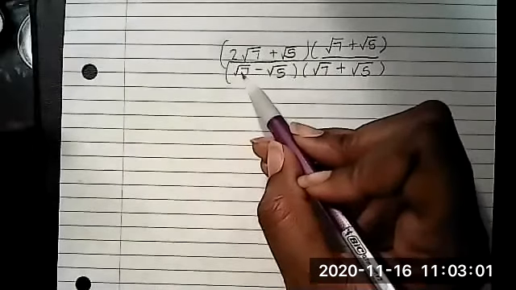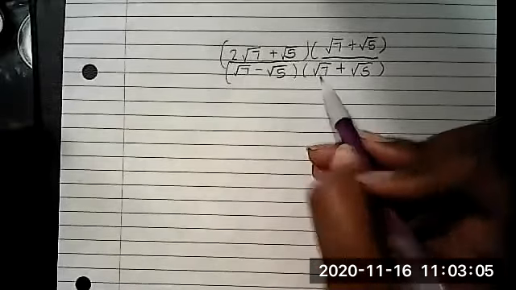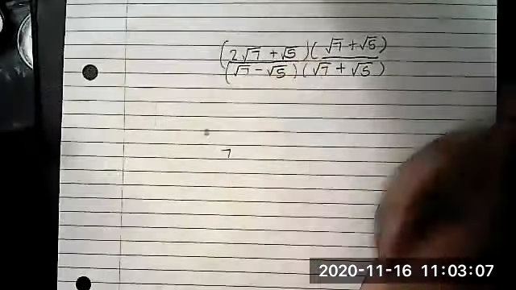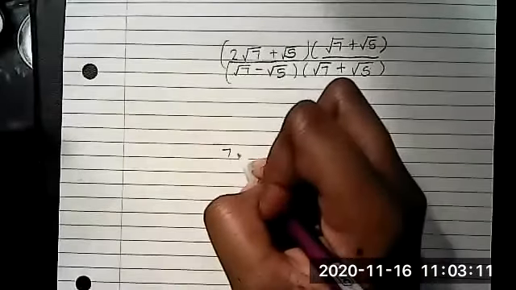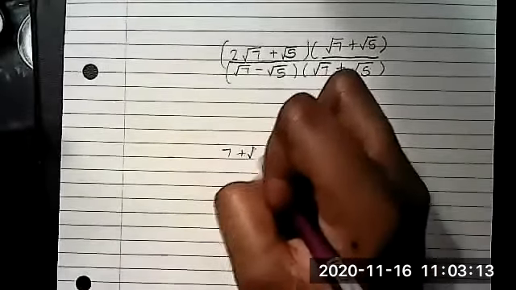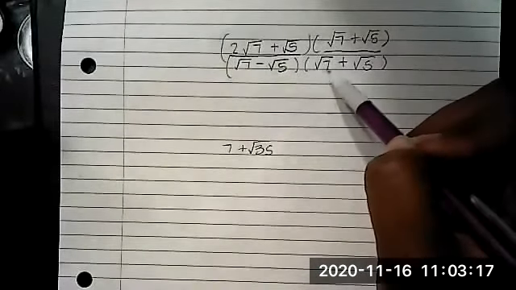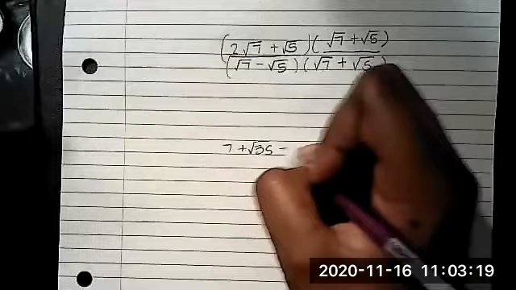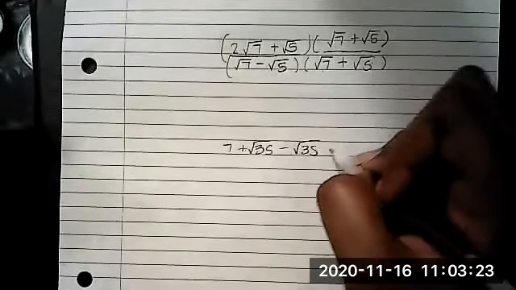So when you FOIL this, the square root of 7 times the square root of 7 is just 7 on the outside. Square root of 7 times the square root of 5, of course, is plus the square root of 35. And now negative square root of 5 times square root of 7 becomes negative square root of 35. Negative square root of 5 times square root of 5.